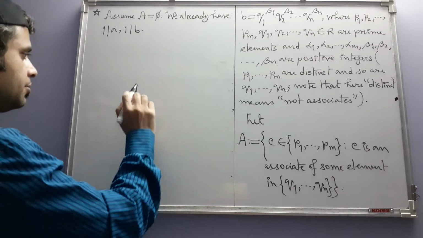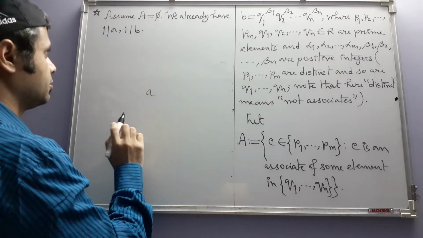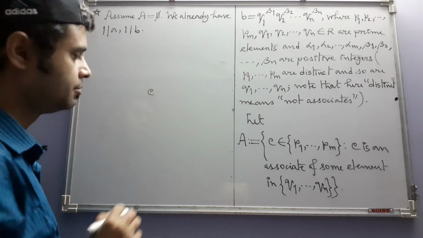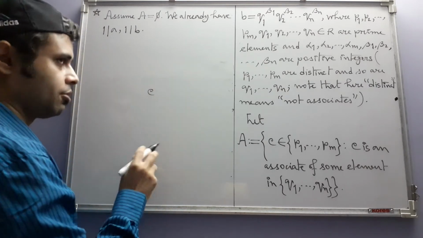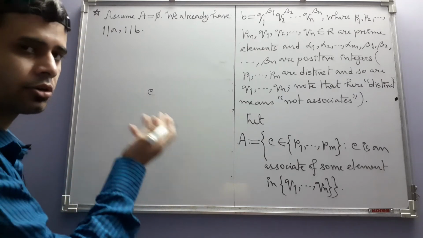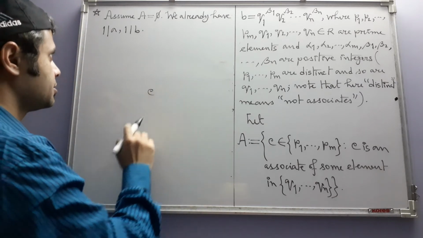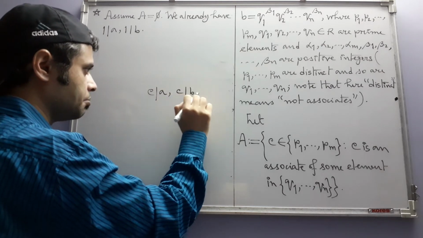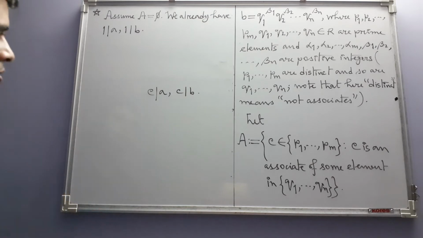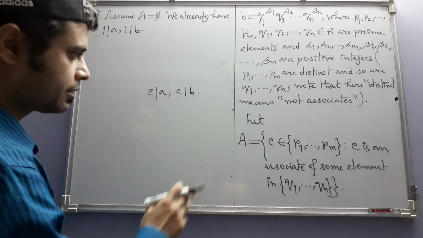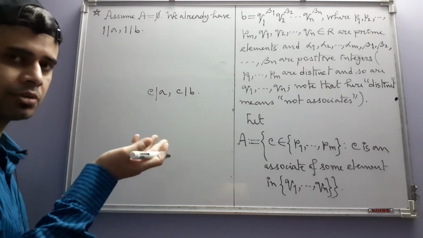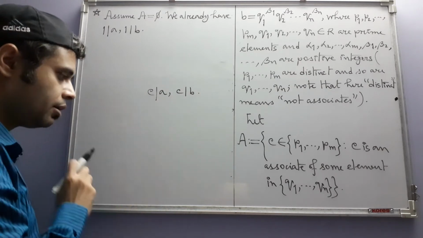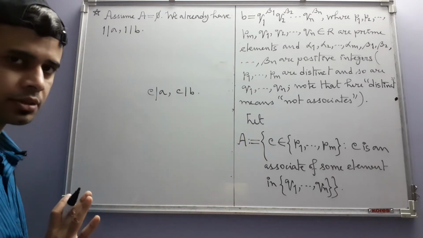If there is an element, say c, that is not a unit, also not 0 obviously, because we are talking about divisibility by c, that divides both a and b, then according to the fact that c is an element in a unique factorization domain and is a non-zero non-unit element, c will itself have its own factorization.